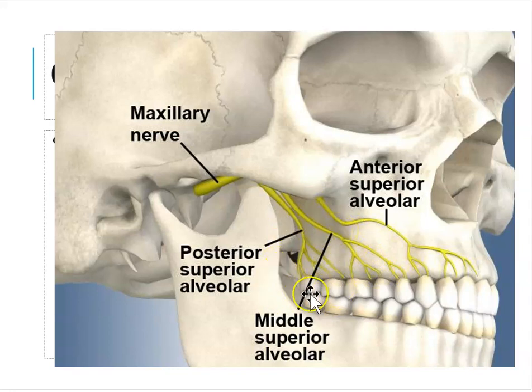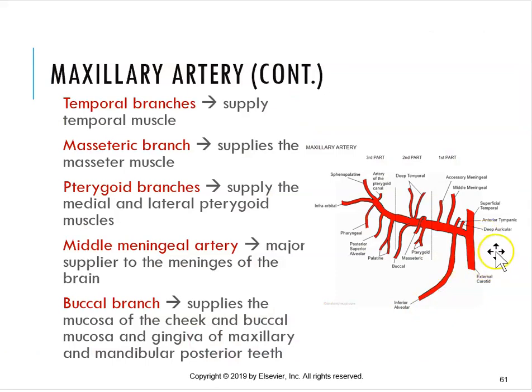And if I wanted to numb the posterior teeth, I would have to make sure that I hit the posterior superior alveolar artery. This is the maxillary artery, and look at all those branches that it stems off. It's feeding a lot of different things within the head and neck anatomy.